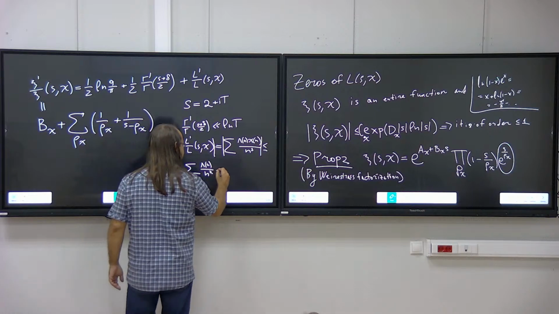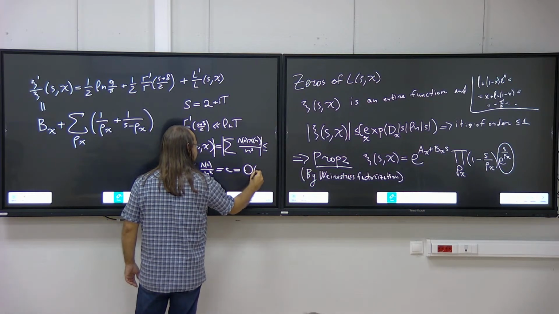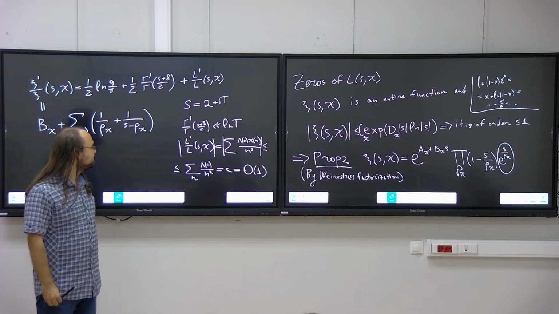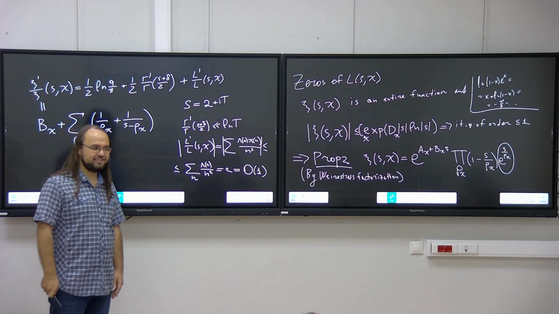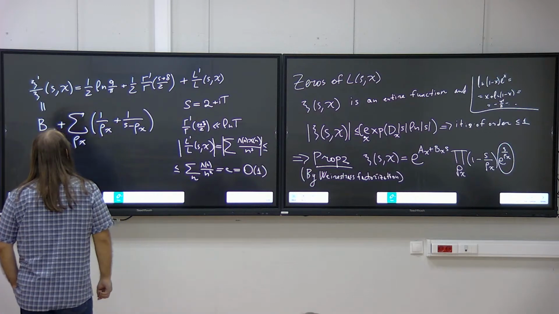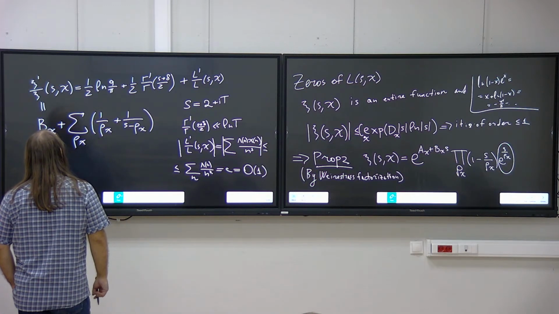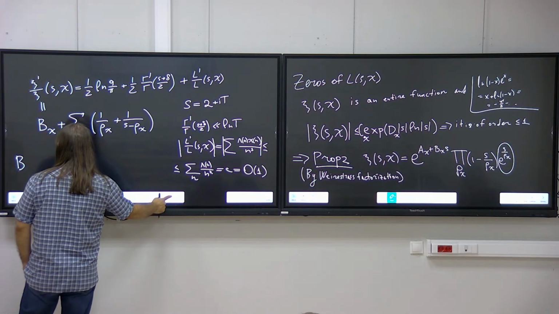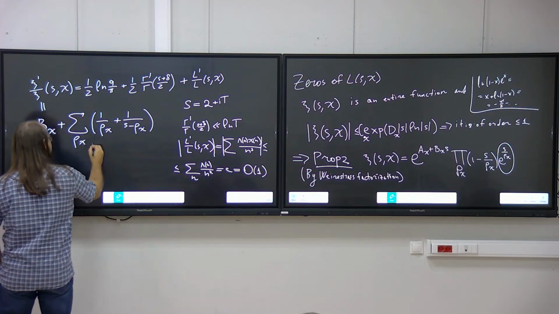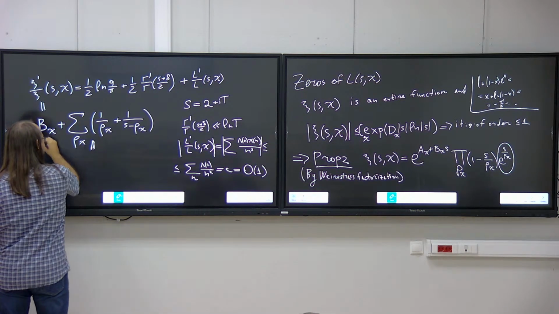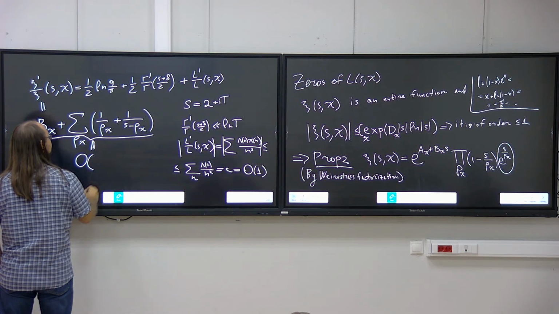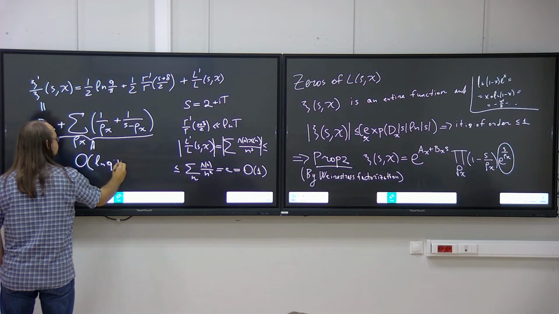So this is some constant, in particular big O of 1. So the logarithmic derivative of L is luckily just big O of 1. So what do we get? We get that this term is big O of logarithm qt.